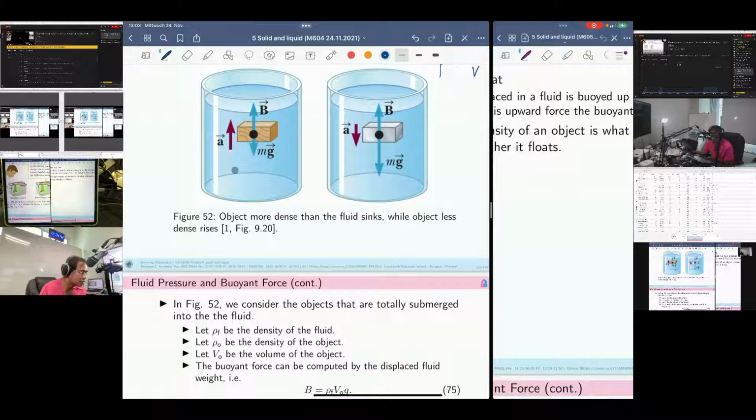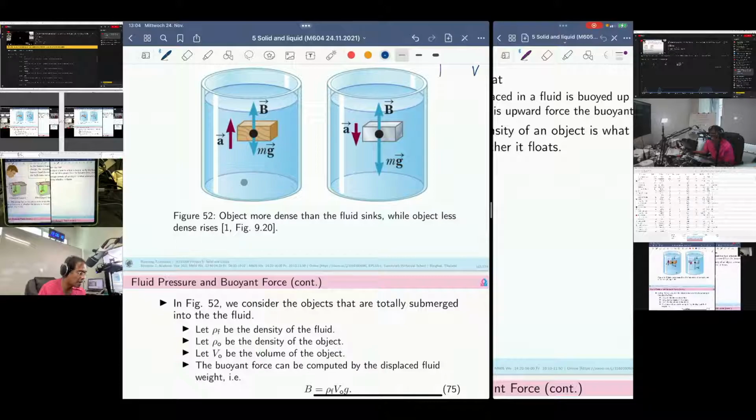And the exceeding amount of the fluid out of the glass or out of the cup here is denoted by V O. We have V O and the density of that liquid, whether it's the liquid still inside the glass or the liquid out of the glass, because both have the same density. So we have rho F, the density of fluid.